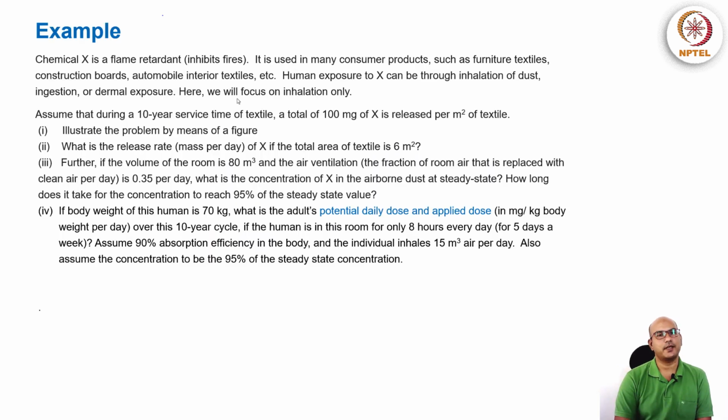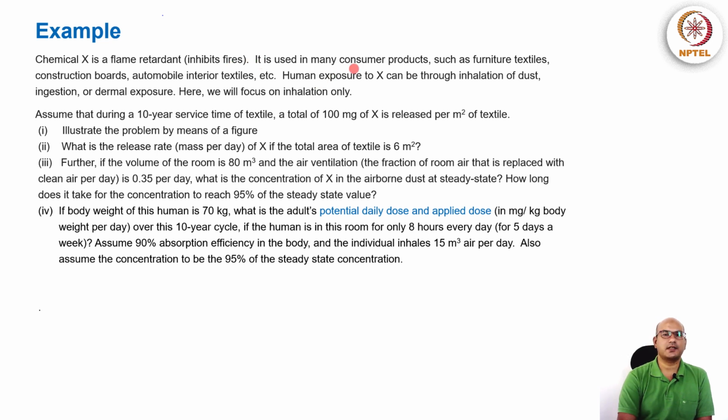Now the best way to get this concept of probable or potential daily dose, or the average daily dose, is to do an example. So let us say we have a chemical, chemical X, which is a flame retardant.